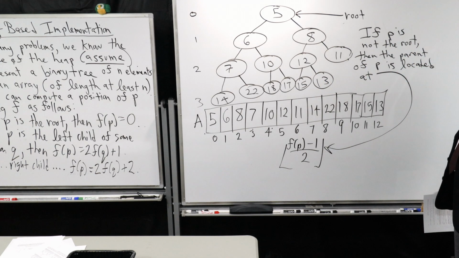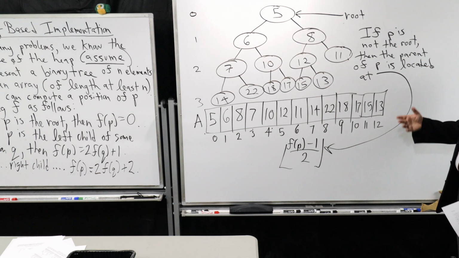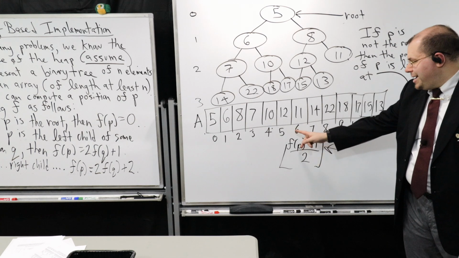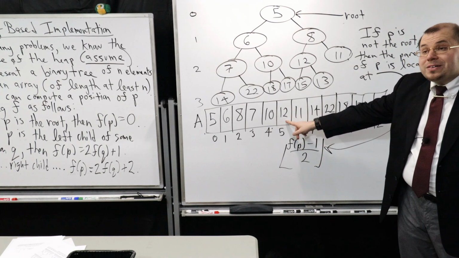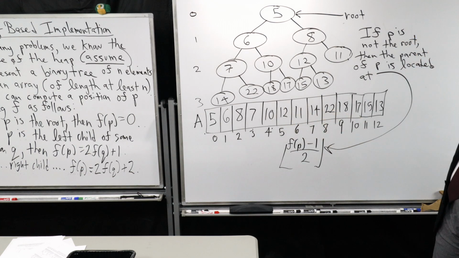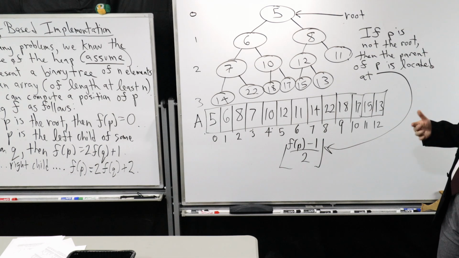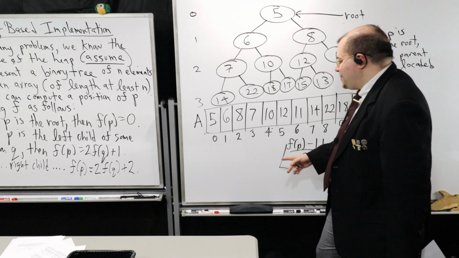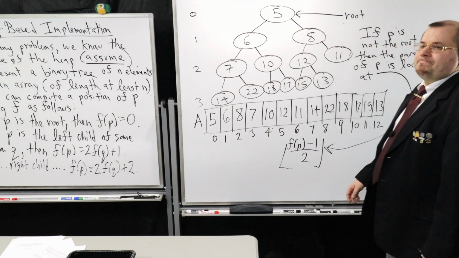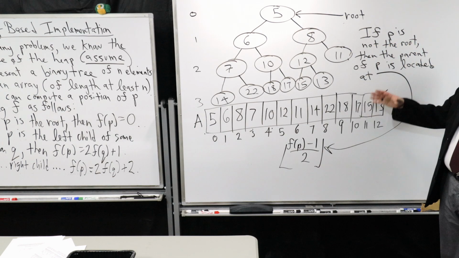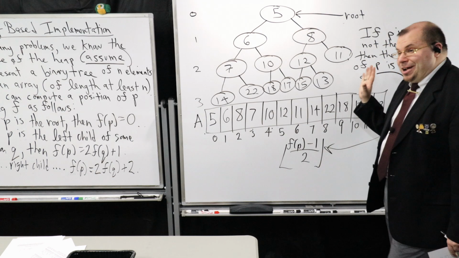So if I look at 12 here, the parent of 12 is 8, right? Because I just simply take 5 minus 1, that gives me 4, and then I divide that by 2. So 4 divided by 2 is just 2, and it's right there.